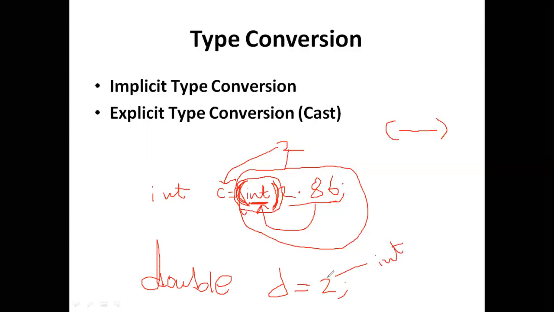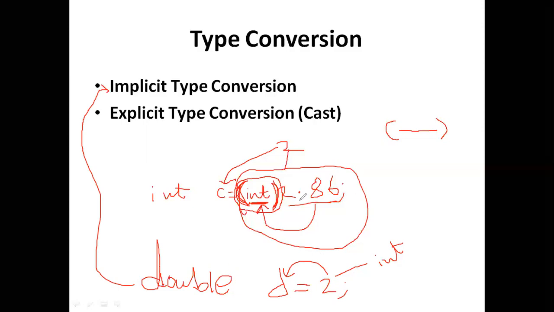But we are assigning the 2 to a double type variable, and the double range is larger than int. So automatically it is going to be assigned to d. Here the typecasting is implicit, automatically converting the 2 into double type.